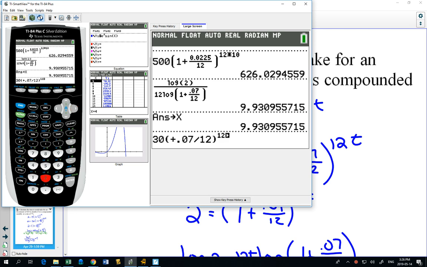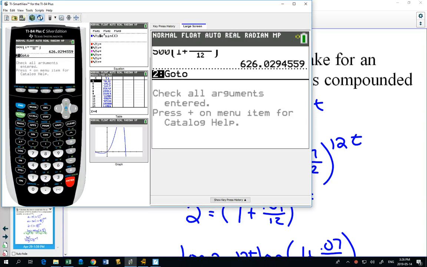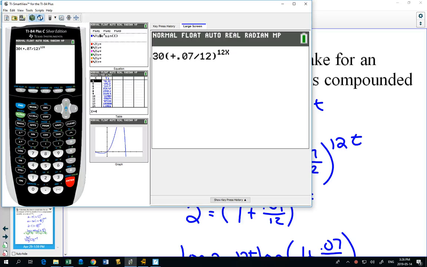To the 12, and I stored my answer as x. If we did it right, it should come out to be 60, right? Oh, what didn't I type in? The 1. Second insert, a 1. Okay. Yes, 60. So we know we've got it right at 9.93.